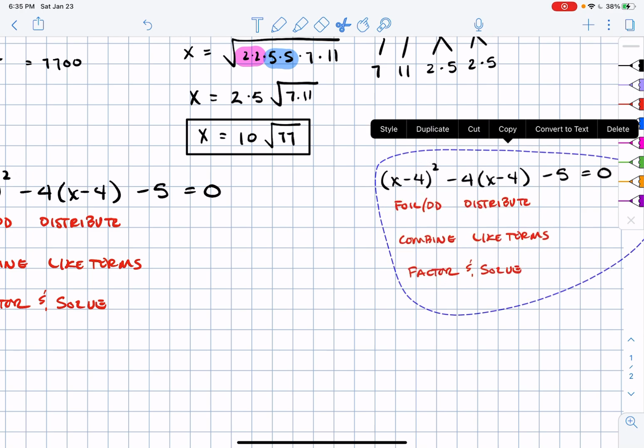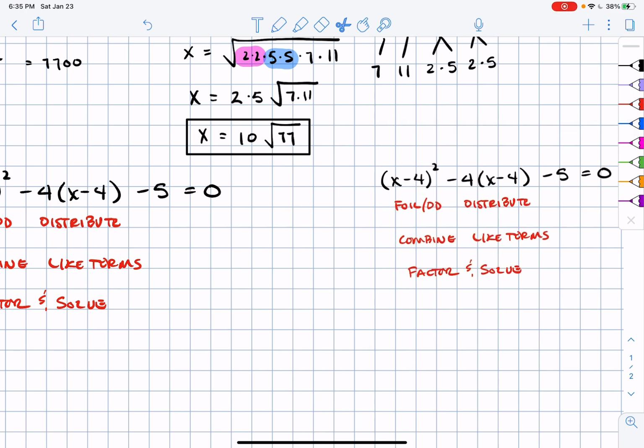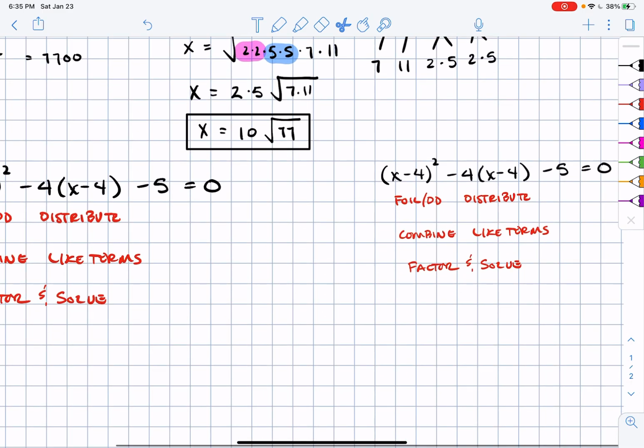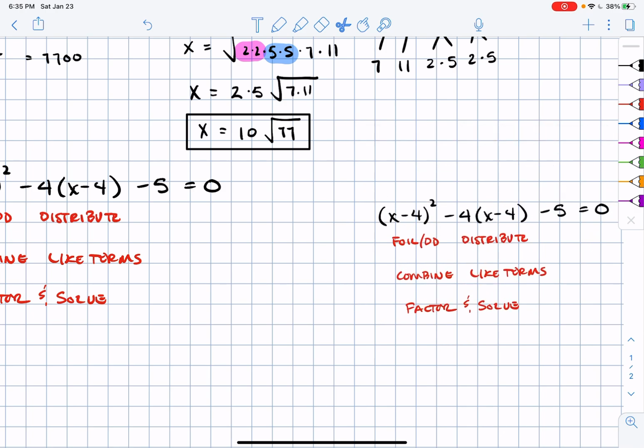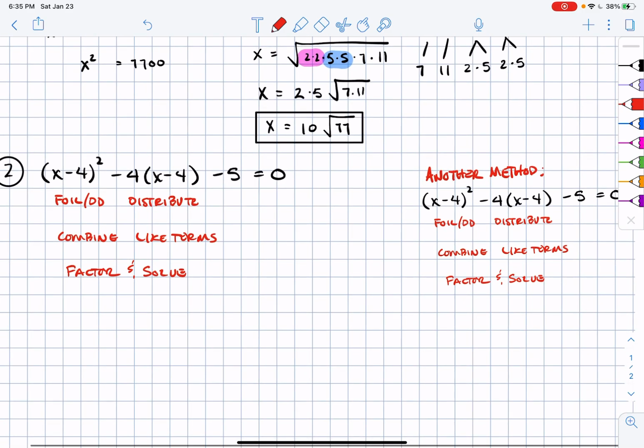Appropriate substitution. Oopsies. I need to do this again because I want to bring it down to the appropriate level. And just call it another method. Okay, so you're welcome to do it that way.